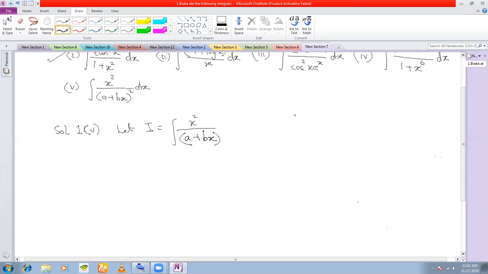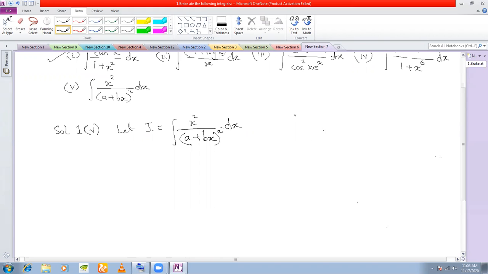Now remember, whenever you get this kind of an integral where in the denominator you have the degree of the polynomial equal to the degree of the polynomial in the numerator, okay, whenever you have this kind of a situation, you can divide directly.